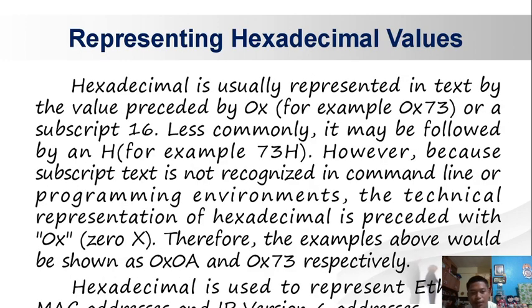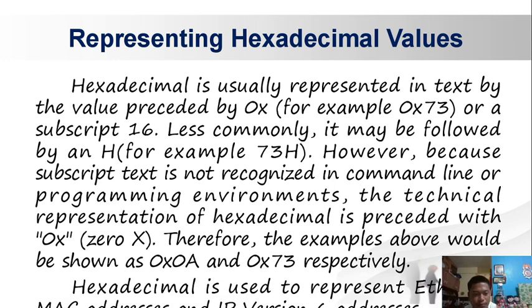Representing hexadecimal values. Hexadecimal is usually represented in text by the value preceded by 0x or a subscript 16. Less commonly, it may be followed by an H, for example, 73H.